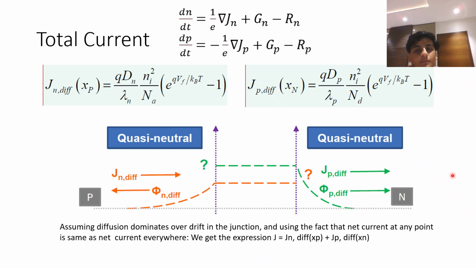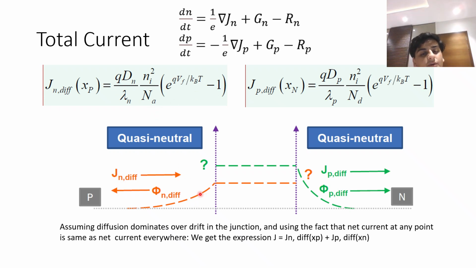The second step: what I'm going to try and claim is that I will write the net current at this point xp, and that will be equal to my net current anywhere in the device. Now, how do I write the net current at xp? One is the diffusion current J diffusion, which is due to the electrons diffusing into the p side, which is this expression right here.